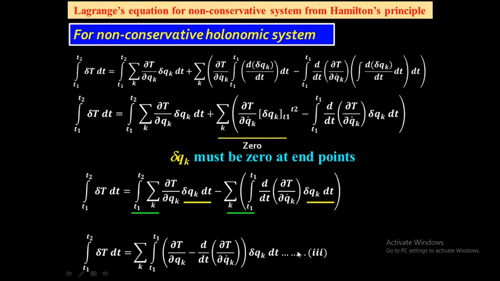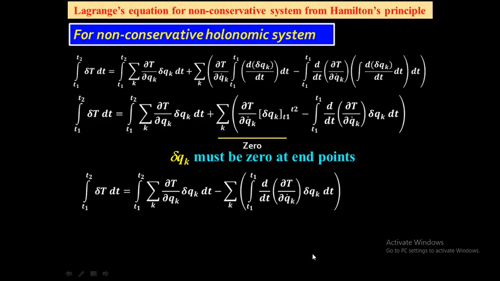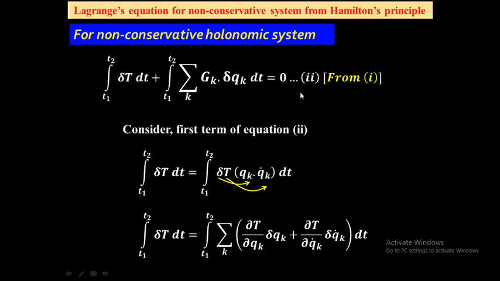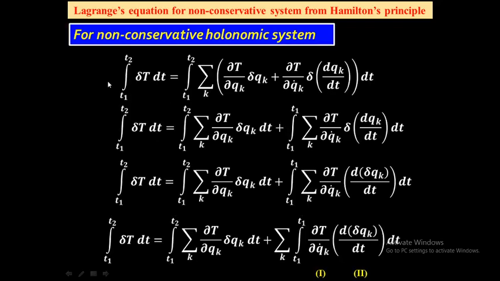Since equation number 2 is this, and we got the answer for this first term, we will put the value of this first term from equation number 3 into equation number 1.